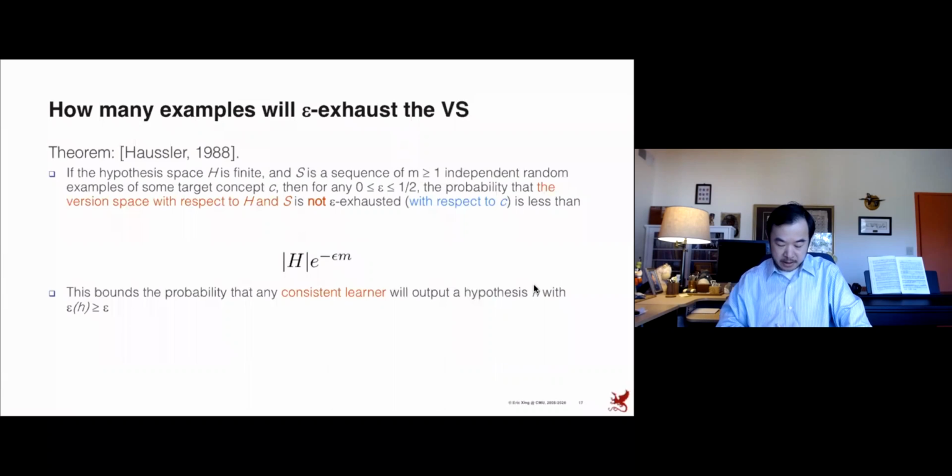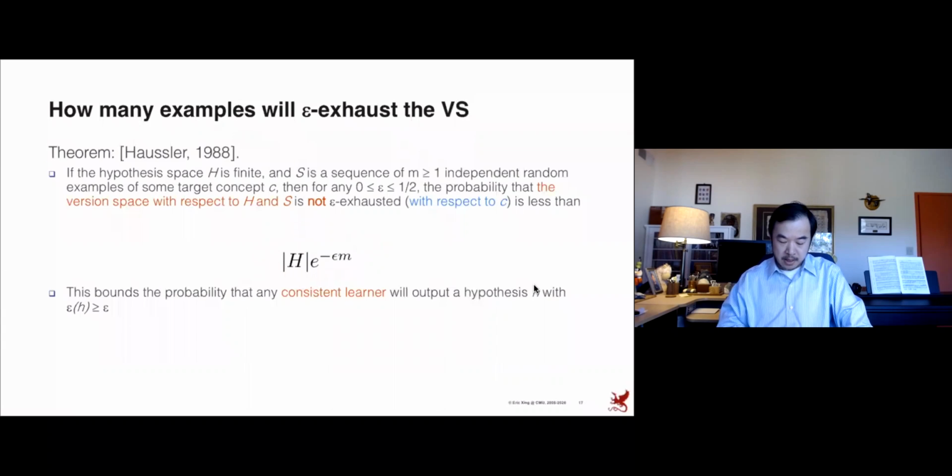Basically, it says that the probability of a version space to be not epsilon exhausted can be upper bounded by a quantity in here.